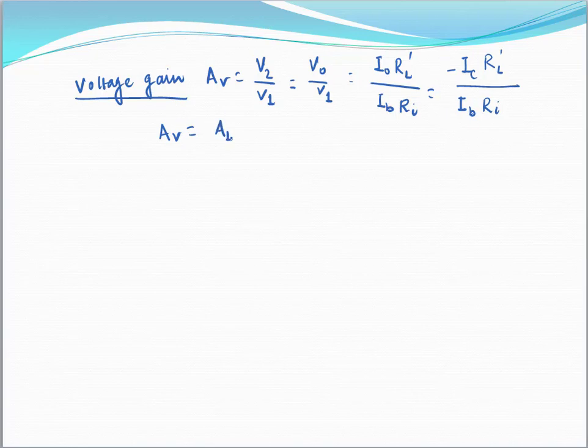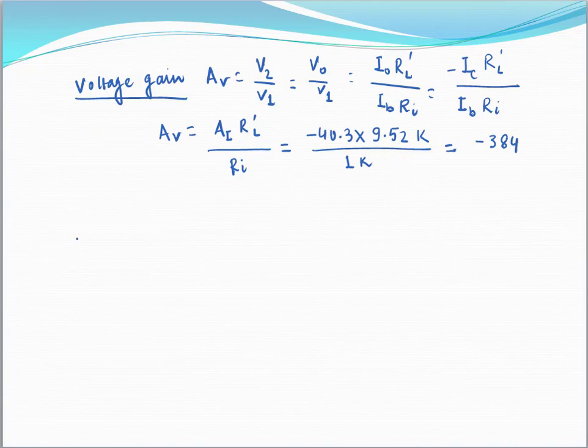So this is the current gain that we have already calculated, and this is RL dash by Ri. And this value is minus 40.3, RL dash is 9.52K, and Ri is approximately 1 kilo. So if we calculate this, it will come around minus 384.